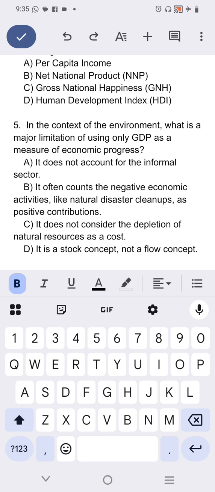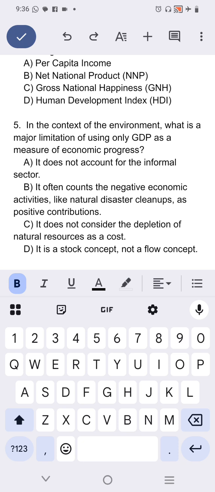In the context of the environment, what is the limitation of GDP as a measure? It does not consider the depletion of natural resources as a cost. C is the right answer.